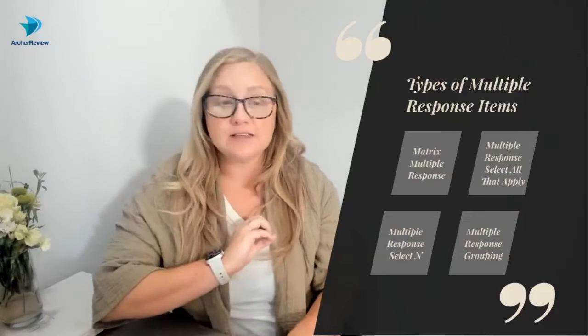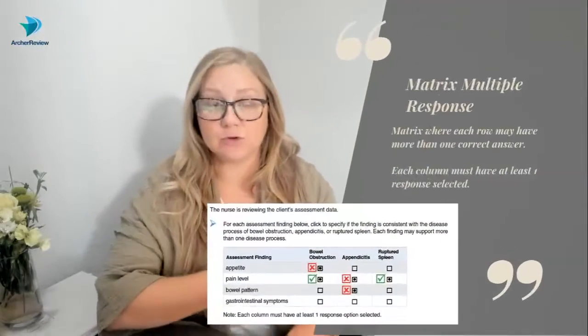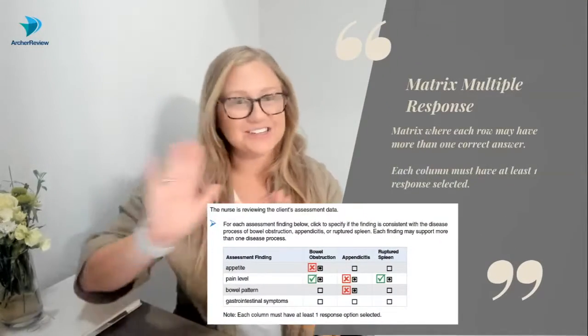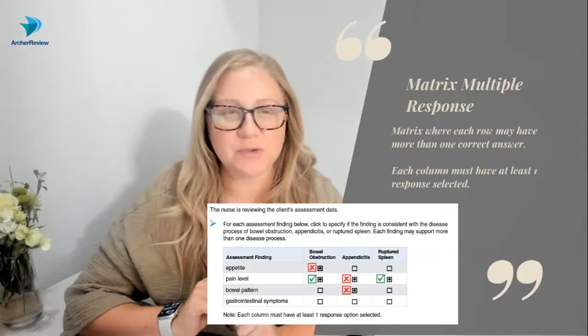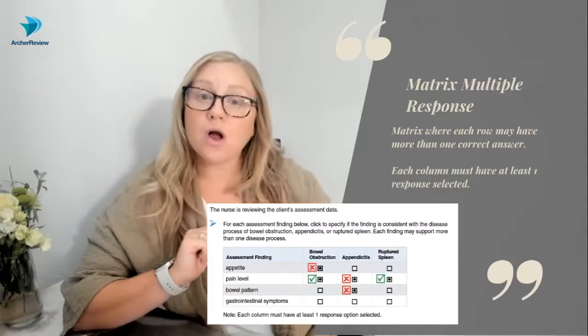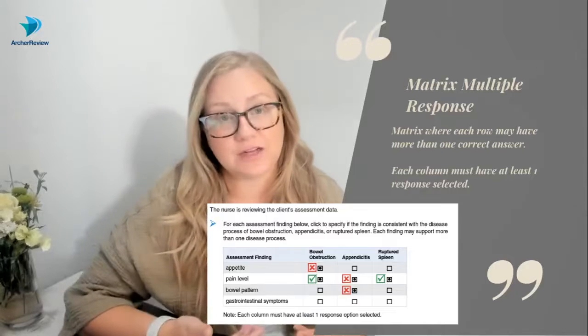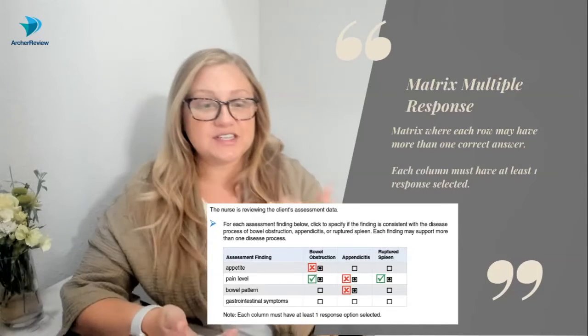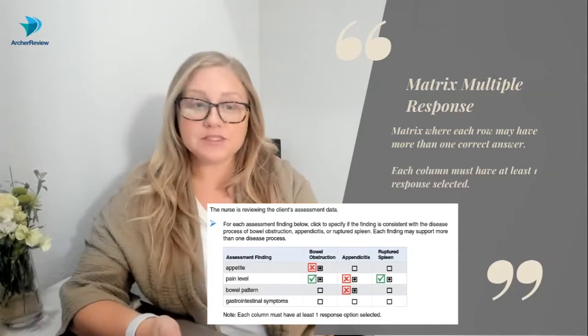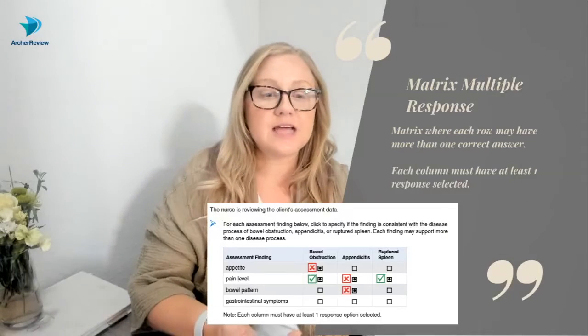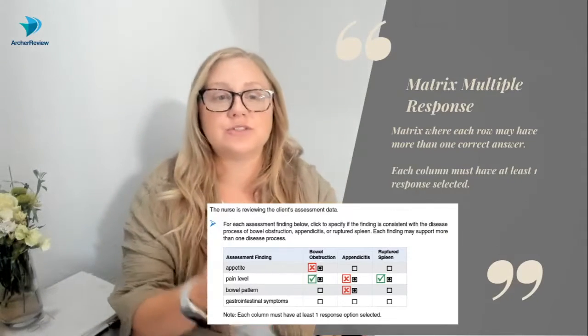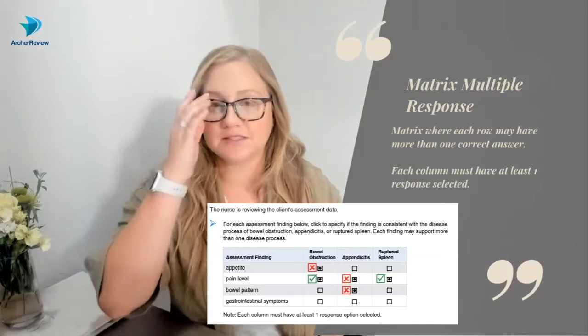The first way we see these questions is the matrix multiple response. Just like the matrix multiple choice we looked at, but each row is now a multiple choice question. So here we see assessment findings in the rows, and the columns outline different potential diagnoses or problems.